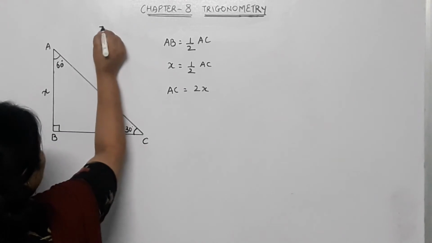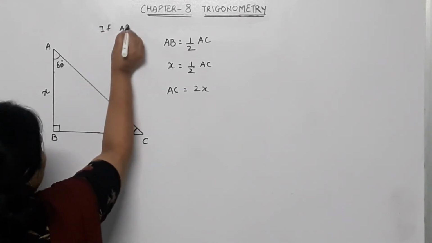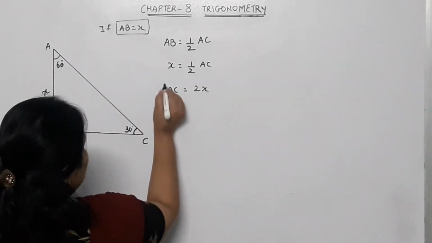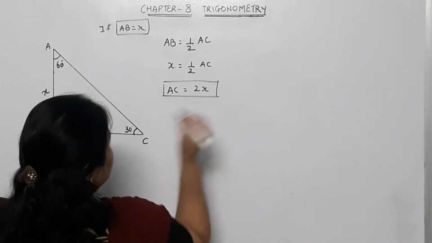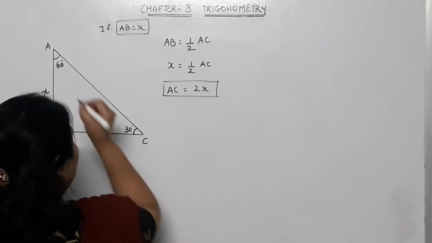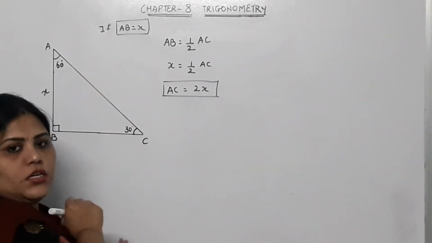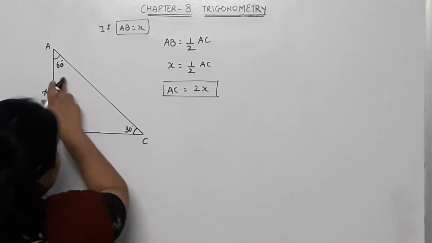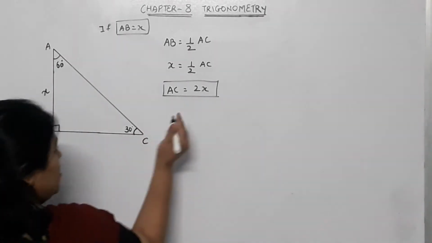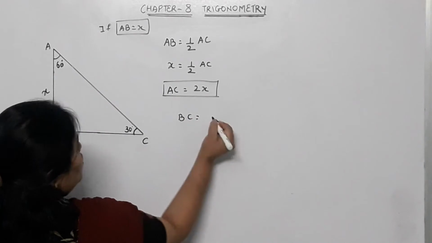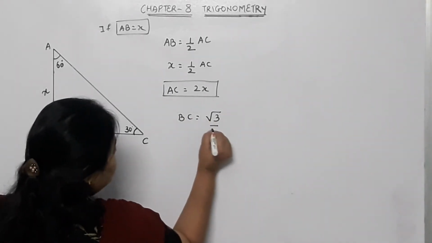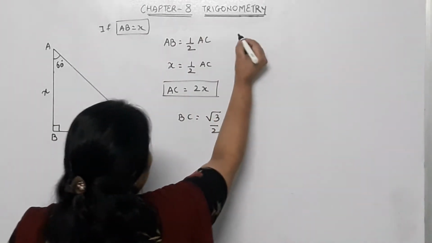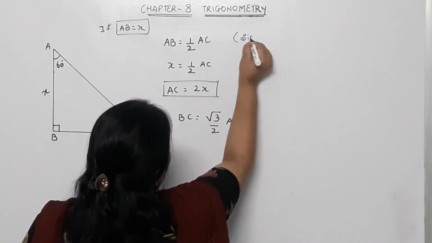If AB is X, then the value of AC is 2x, right? Then what will be the side opposite to 60 degree? That also we know: the side opposite to angle A, that is BC, is equal to root 3 by 2 AC. AB is half AC, the reason being it is the side opposite to 30 degree.